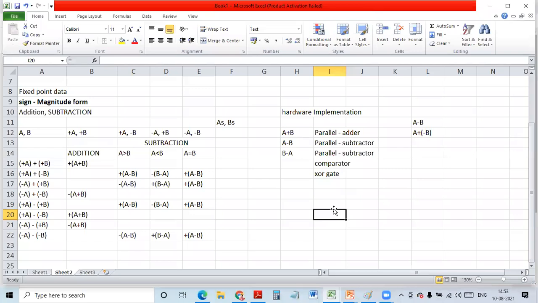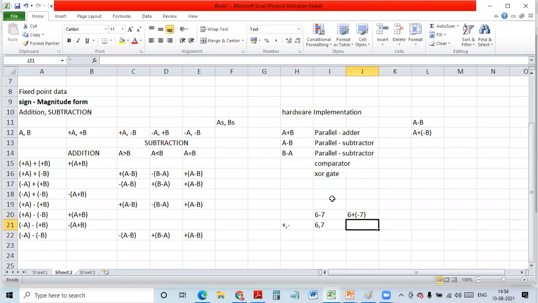See, for example, I want to perform 6 minus 7. What are the magnitudes here? 6 and 7 are the magnitudes. What are the signs? The first number has a positive sign, the second number has a negative sign. I want to implement it like 6 plus of minus 7.